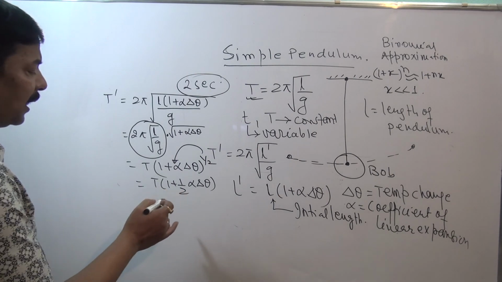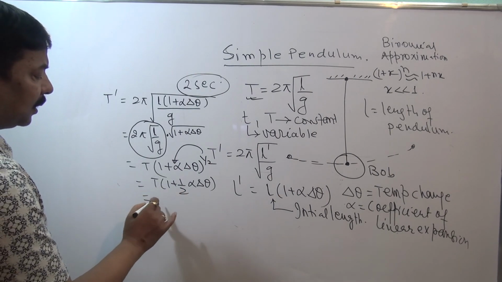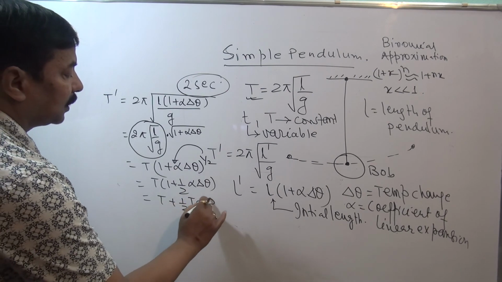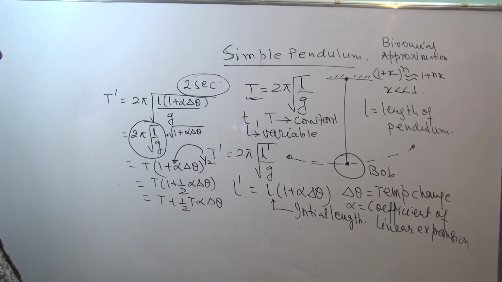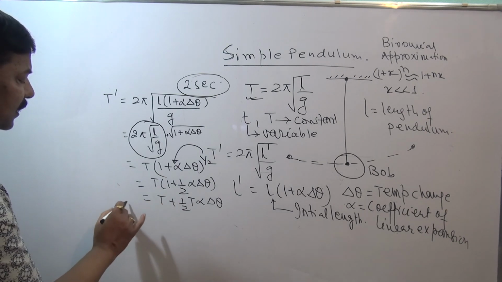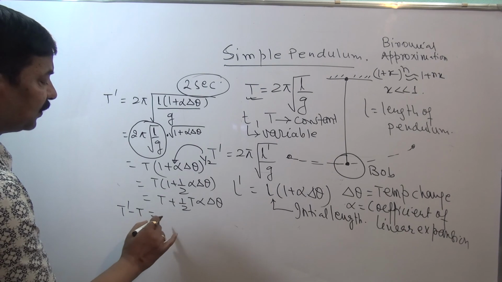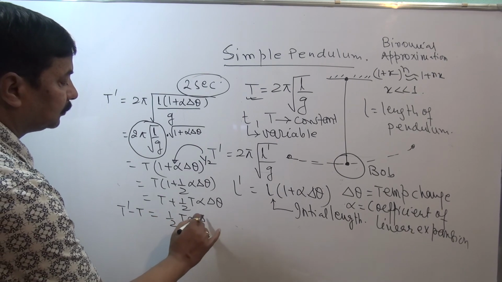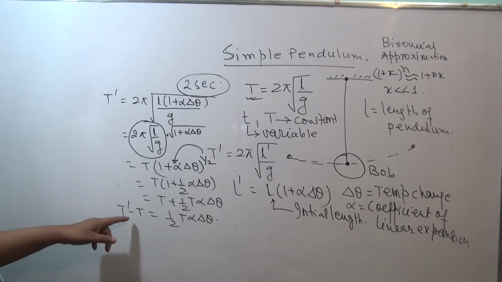And if I remove the bracket, you are getting it in this way. So if we take it to LHS, then T dash minus T, this is giving you, so T dash minus T is what?